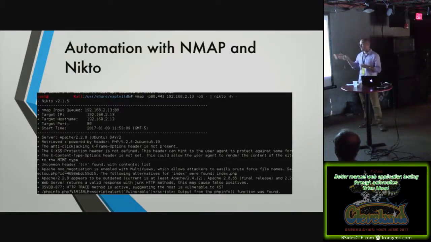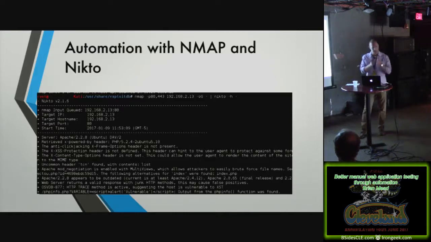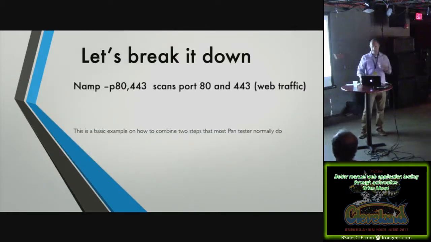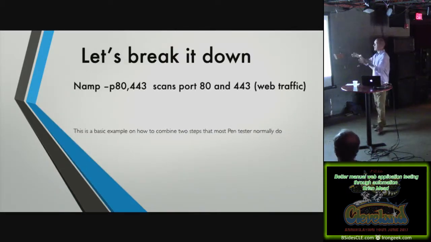If you're using Kali, and you update to the latest version of Nikto, which is included with Kali, it'll have this functionality built in. So we can pipe that information from Nmap to Nikto. On the next slide, I break down how that command looks.